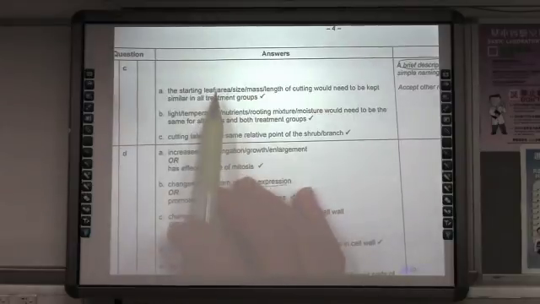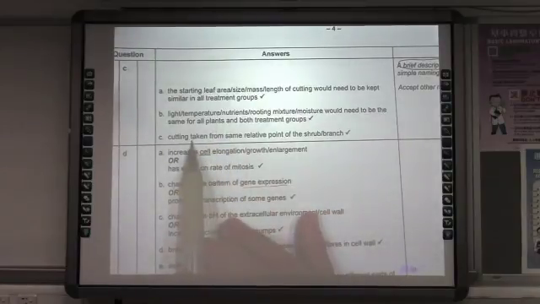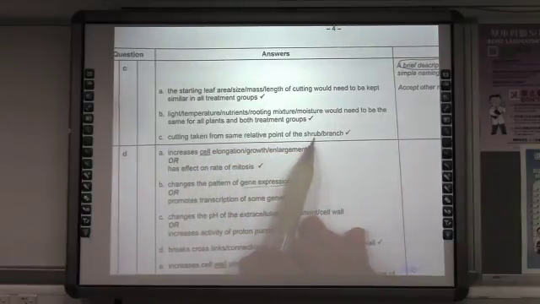So the first one relates to the plant itself, while the second one relates to the environmental factors. So when you answer control variables, you can think of environmental factors and the factors relating to the subject itself, or the cutting taken from the same relative point of the shrub or the branch.